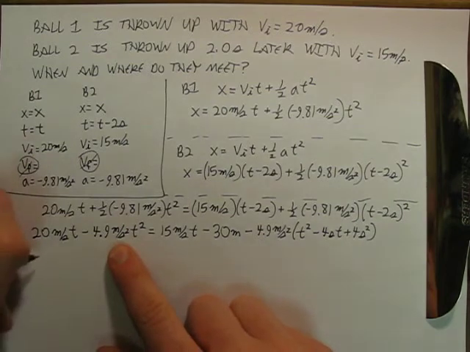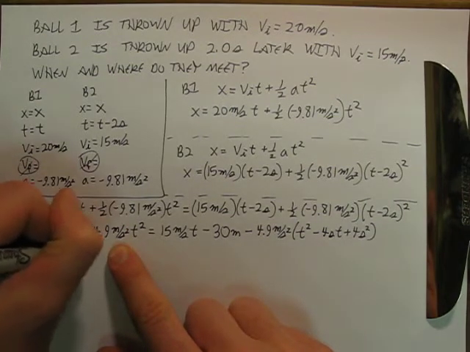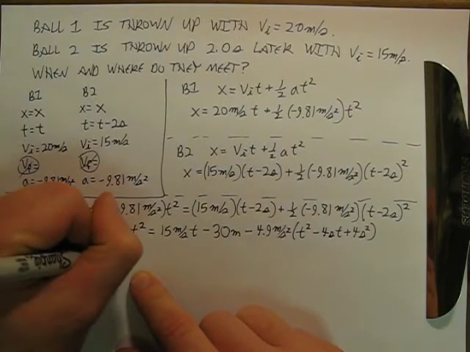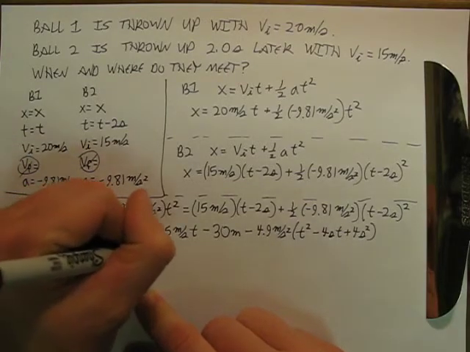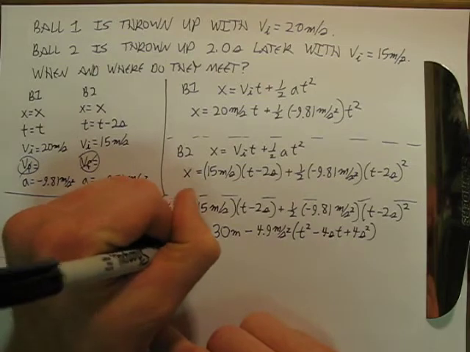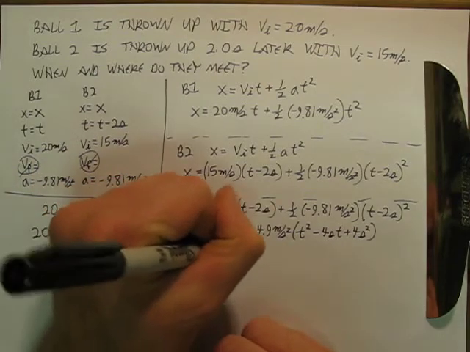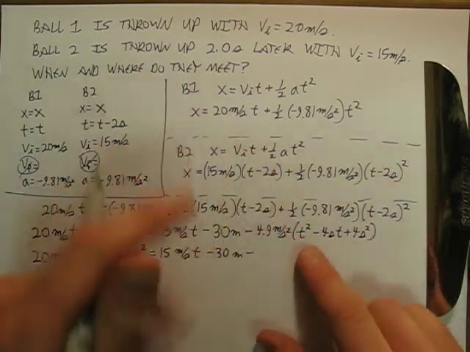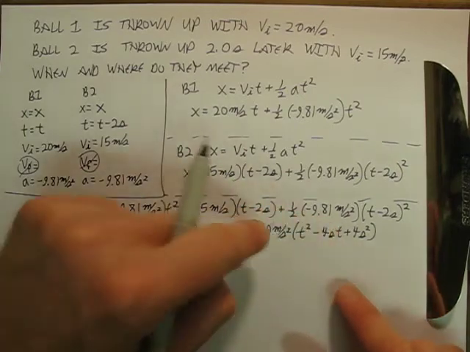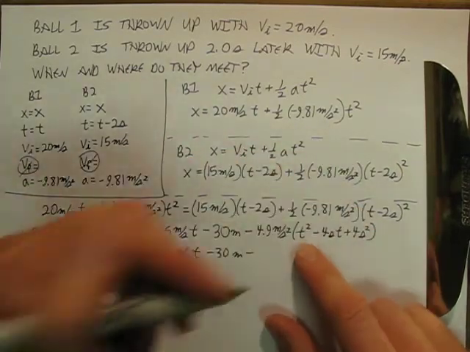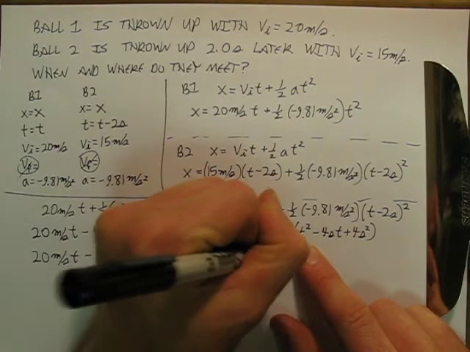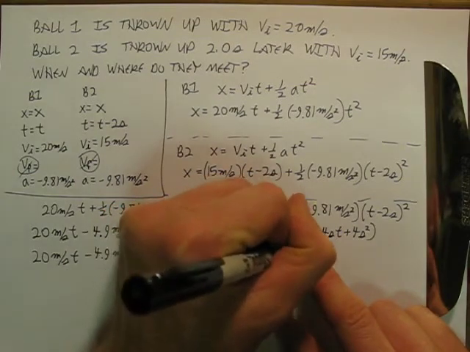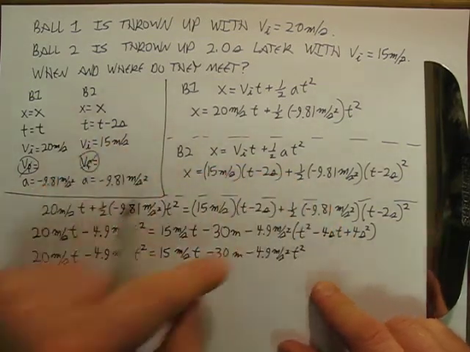I'm going to rewrite this really quickly just so I have it. Now I'm going to distribute this into that, and so I'm going to get 4.9 meters per second squared T squared.